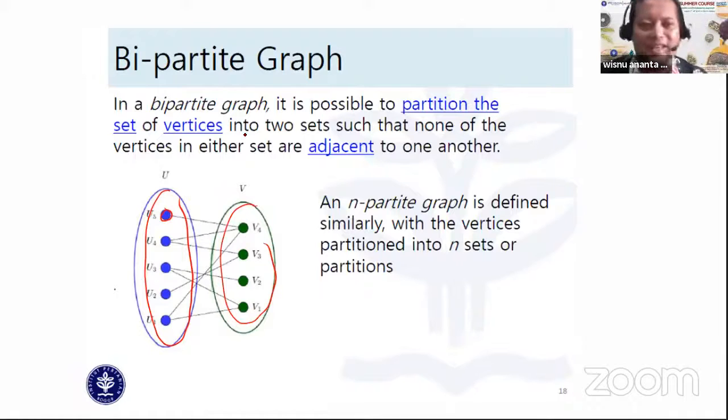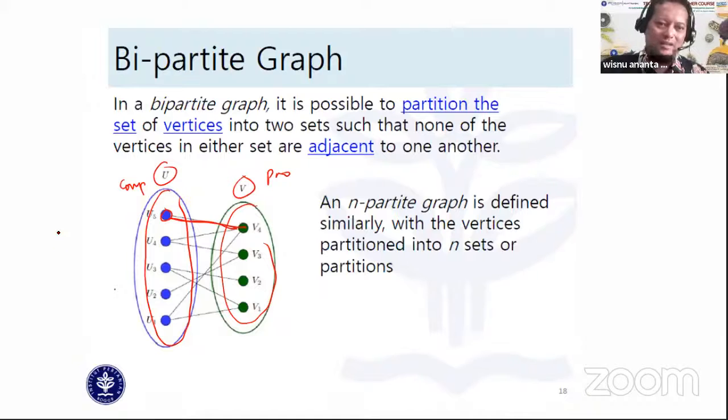For example, one entity is compound, and this is protein. So we draw the interaction between compound and protein, but we cannot draw the interaction between compound and compound, or protein and protein. This we call a bipartite graph.